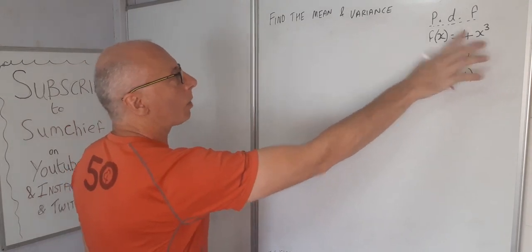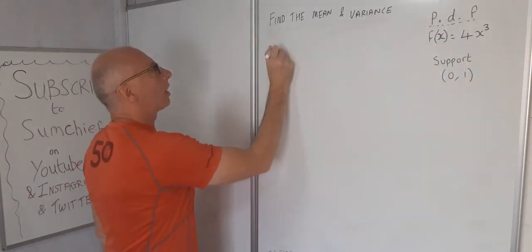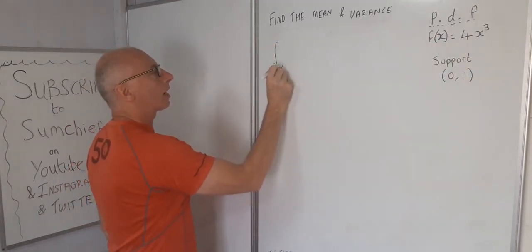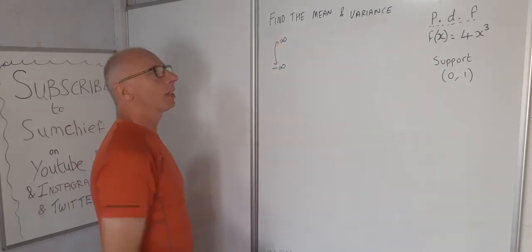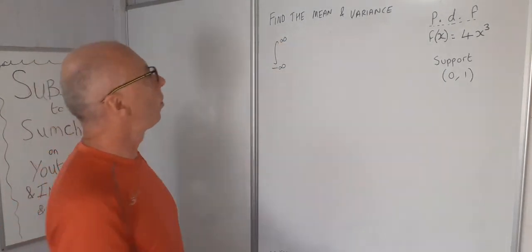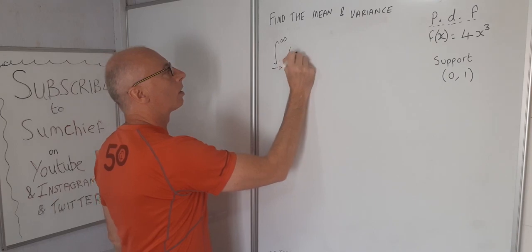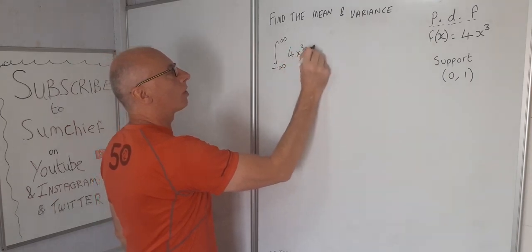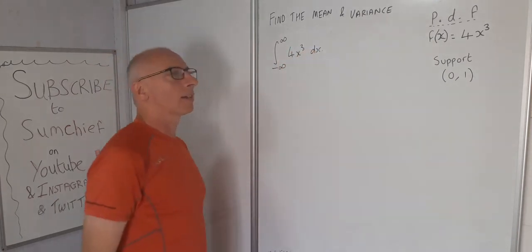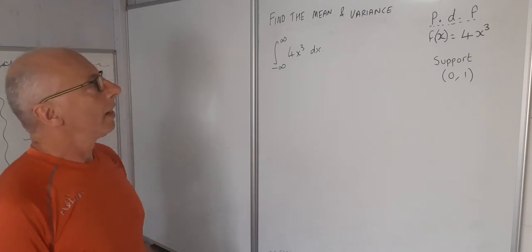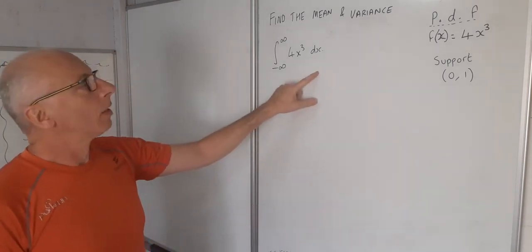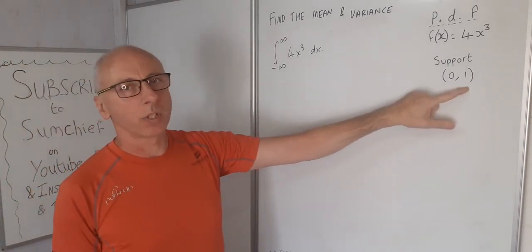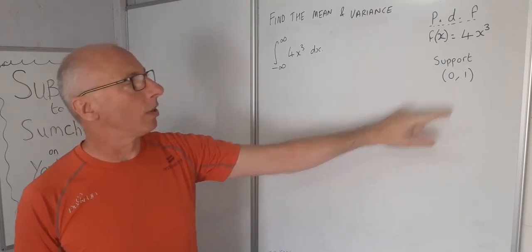So what we can do is we can take the integral from negative infinity to infinity of 4x cubed with respect to x. That's the general formula, but we're given that the support is from 0 to 1.